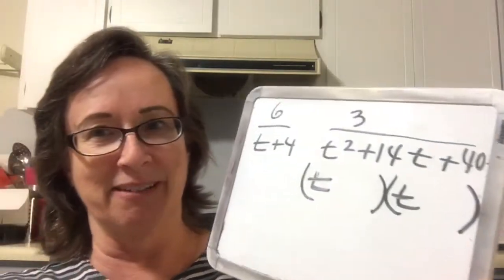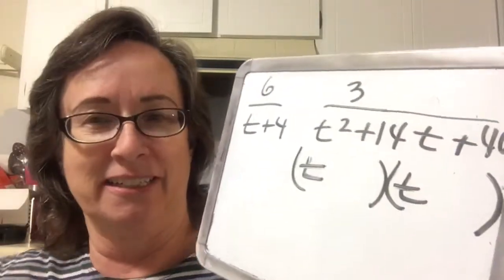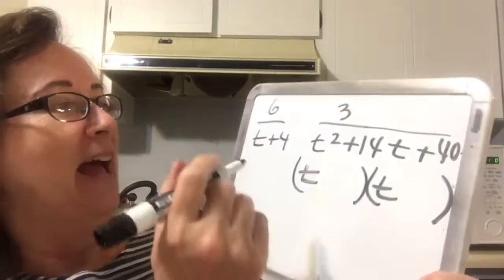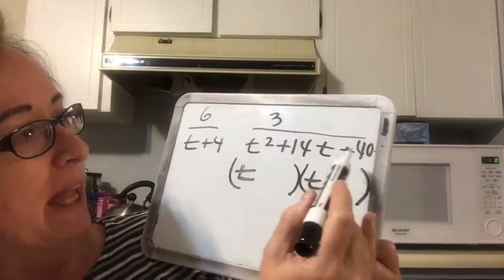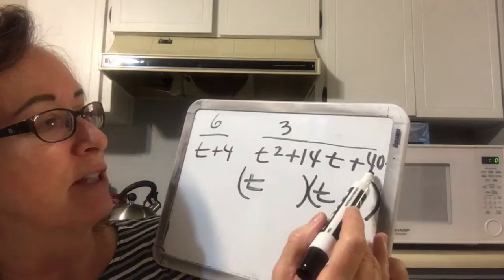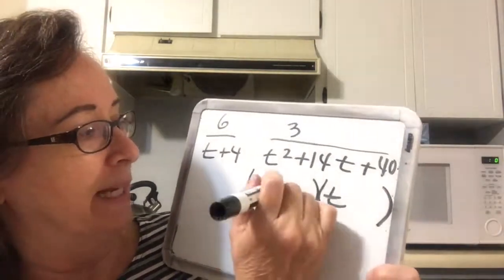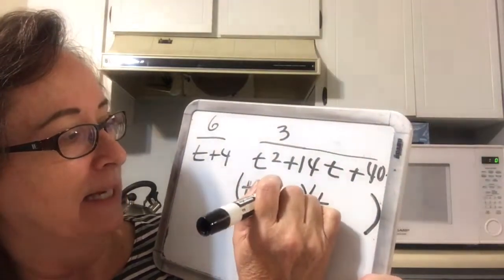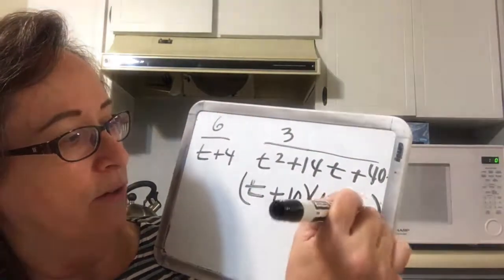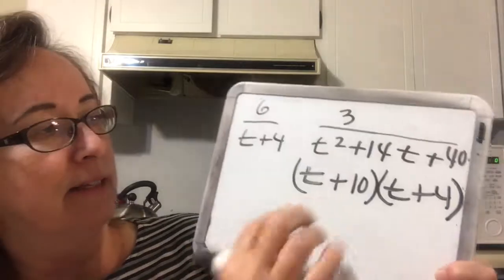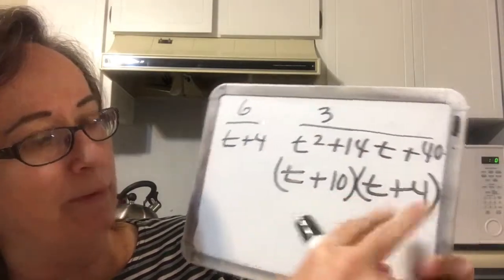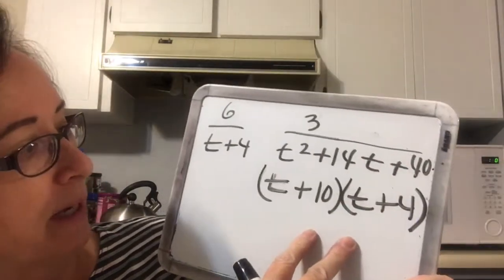Okay, so since 40 can factor as a 4 and a 10, those will add together to give you 14. So t plus 10 and t plus 4. And so we factored this one, and when we FOIL it back together, we get the right denominator.